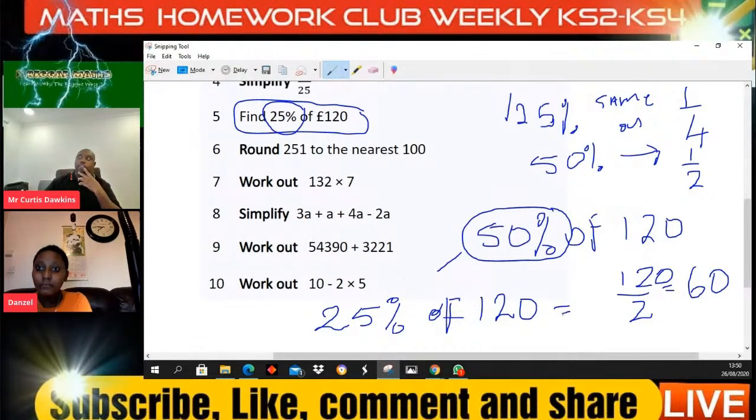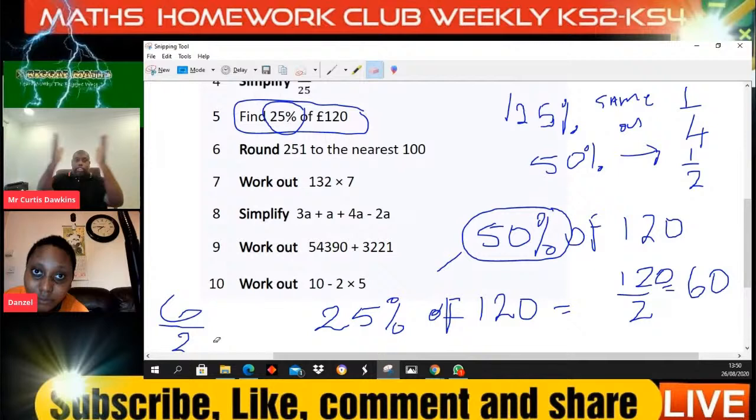What's half of 6? What's 6 divided by 2, Denzel? You're adding. Share 6 into 2 lots.